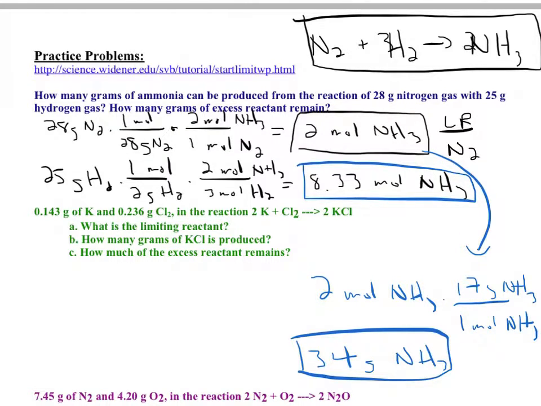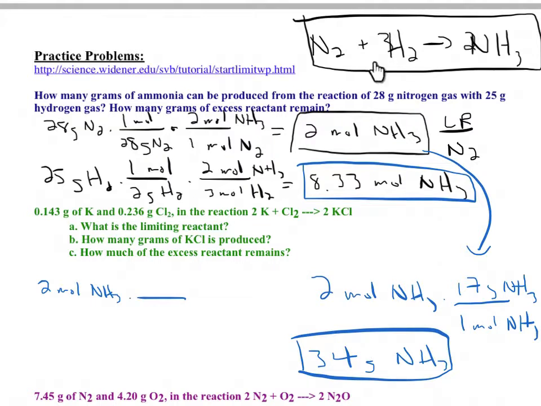So we're going to make 2 moles of NH3. So let's use that and figure out how much H2 we would need. So I can start with 2 moles of NH3. And what's the mole ratio between NH3 and H2?